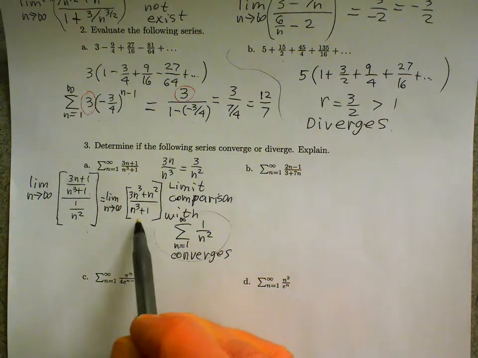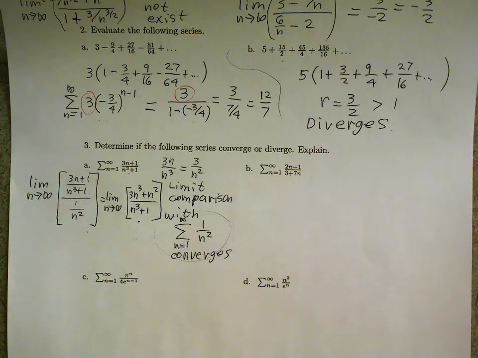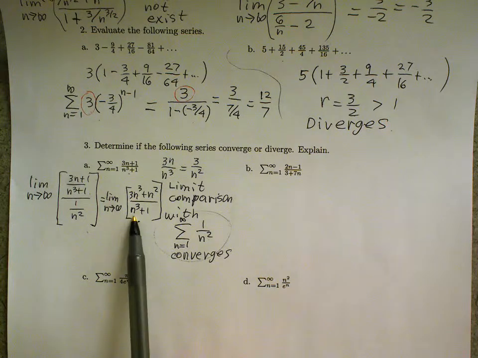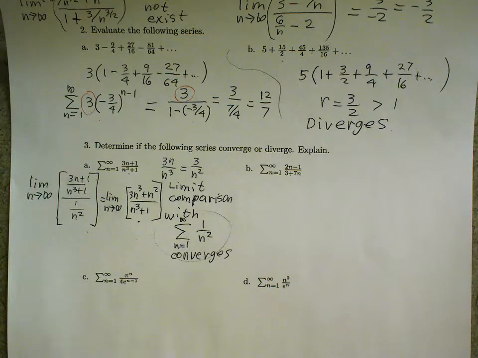So perhaps we know just by looking what this limit is. In the numerator, n to the third is the term with the largest exponent. And in the denominator, the term with the largest exponent is n to the third.